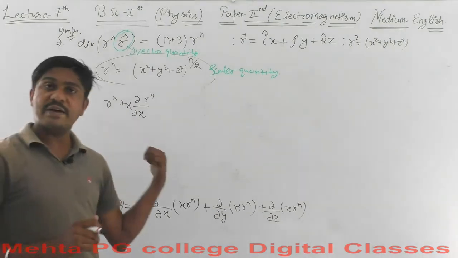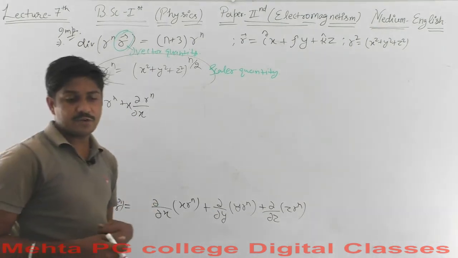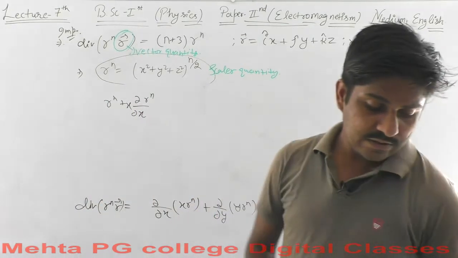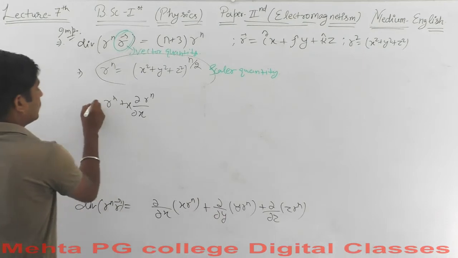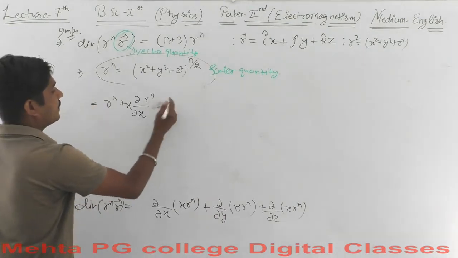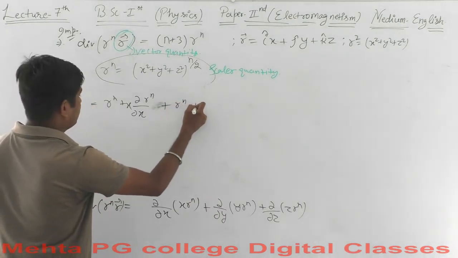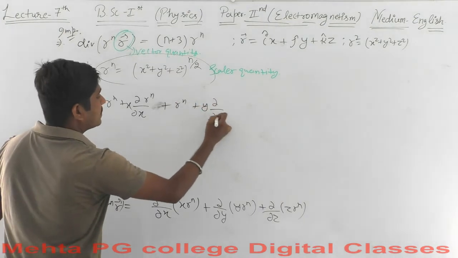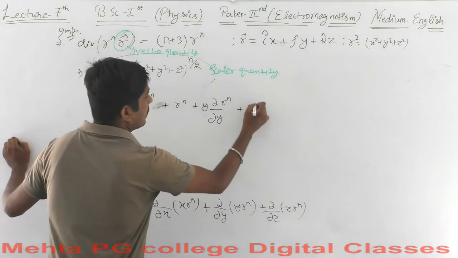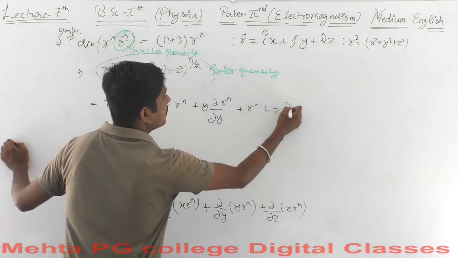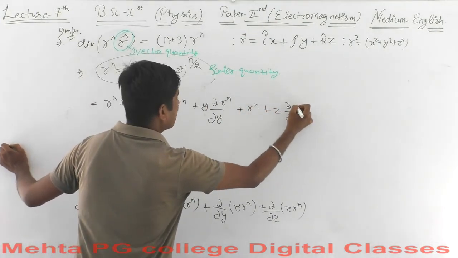This is r^n for curly over curly x, and then again plus r^n plus y curly over curly y for r^n plus r^n plus z curly over curly z for r^n.